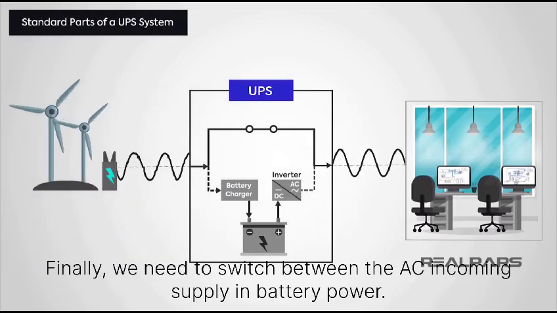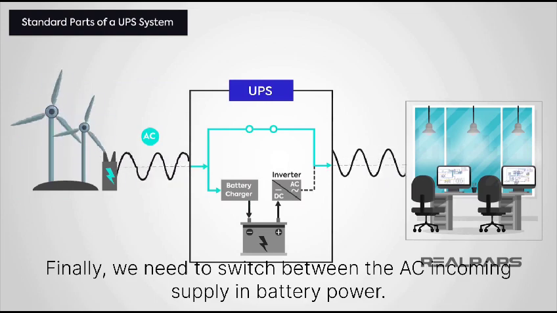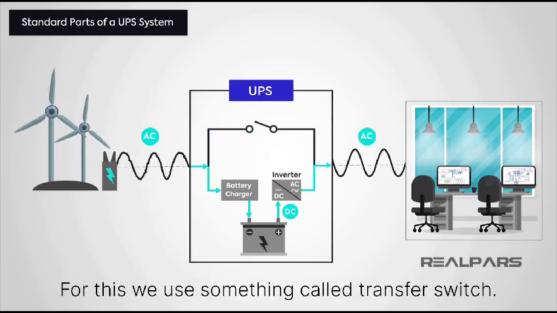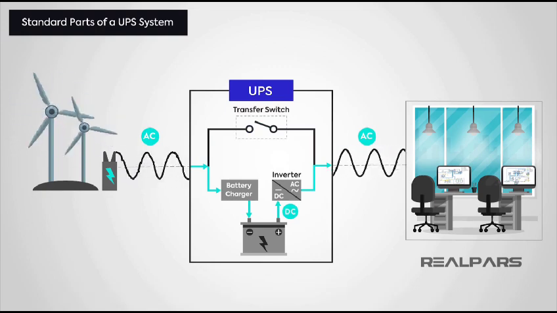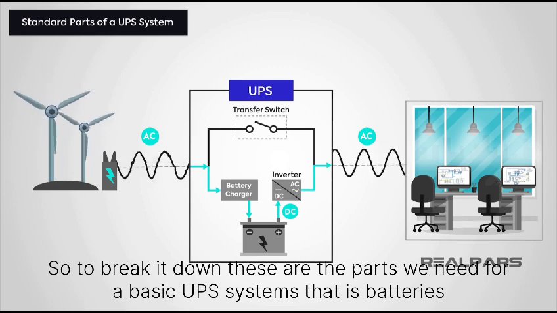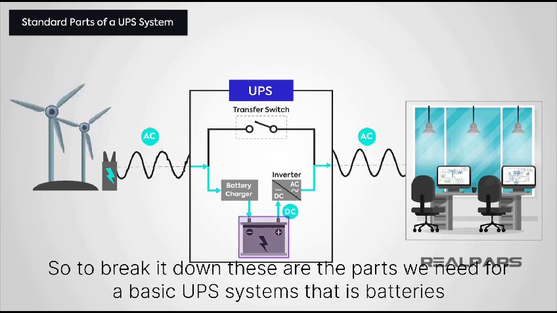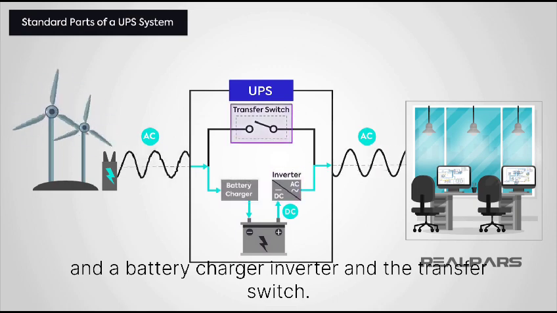Finally, we need to switch between the incoming AC supply and battery power. For this, we use something called a transfer switch. So, to break it down, these are the parts we need for a basic UPS system: batteries, the battery charger, inverter and the transfer switch.